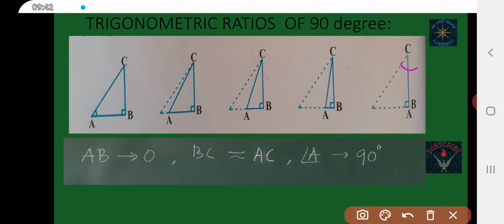Therefore, the length of this side AB goes on decreasing.